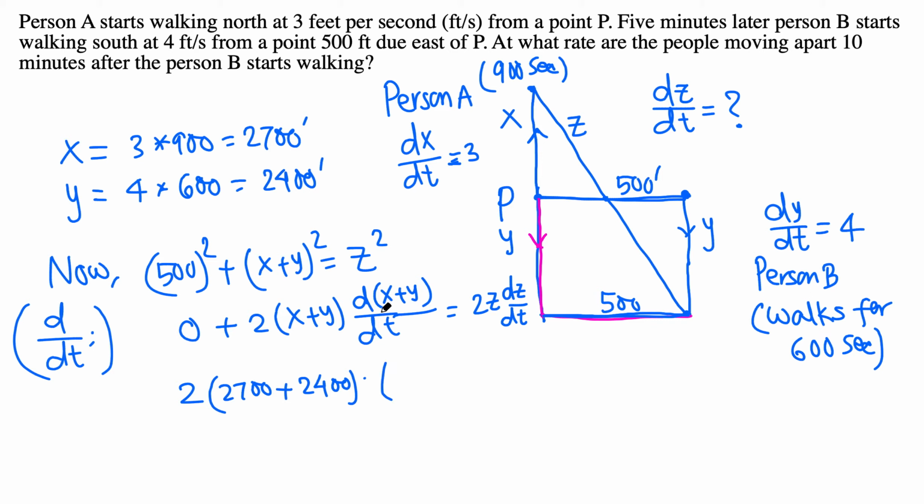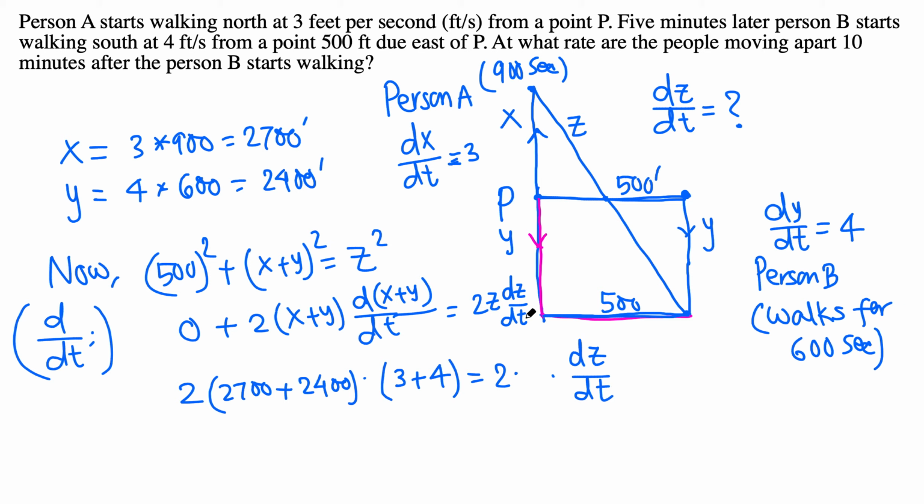We know dx over dt, that's 3, plus dy over dt, which we also know, that's 4, equals 2 times g. This distance is missing. When this person is 2700 feet away and this person is 2400 away, what is this distance? That's missing, and we are asked to find the rate of change of this distance, dg over dt.